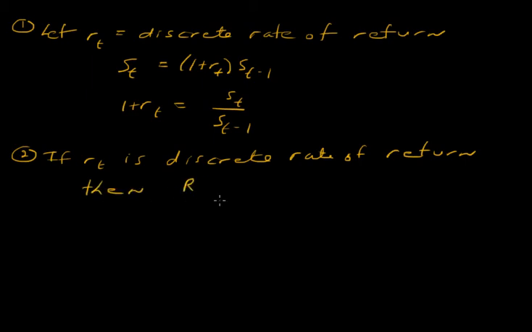He's using R, but this is a little different in notation, because he was using that as gross returns. In this notation, we're going to say this capital R is the log of 1 plus R_T. And as soon as we do that, this is the continuously compounded rate of return.